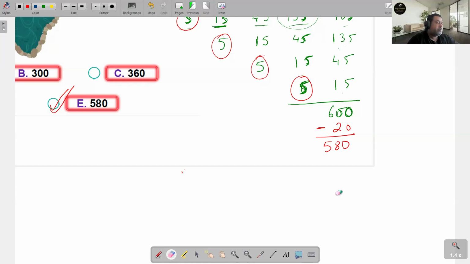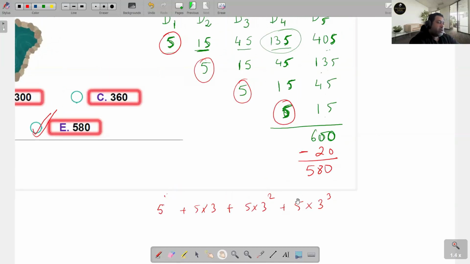All right. Plus 5 into 3 plus 5 into 3 square plus 5 into 3 cube plus 5 into 3 to the power 4.